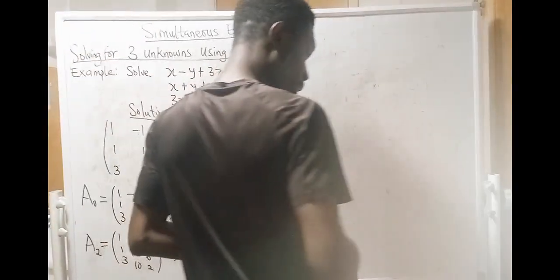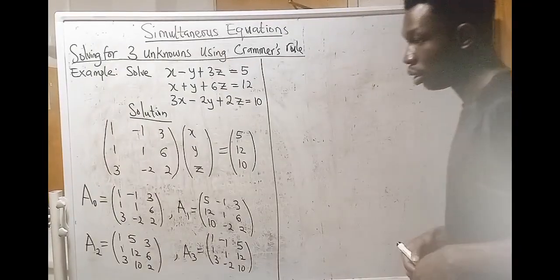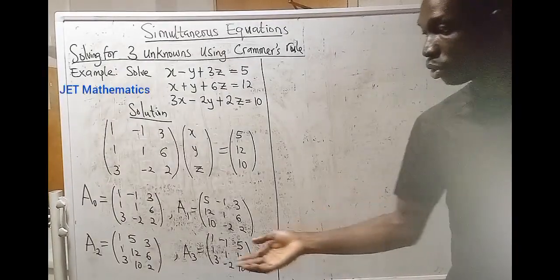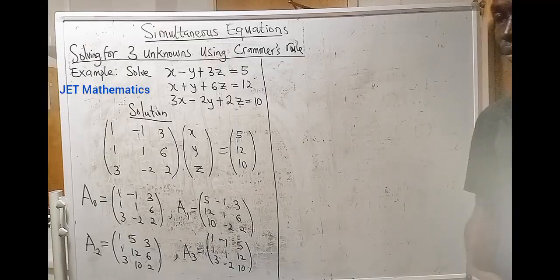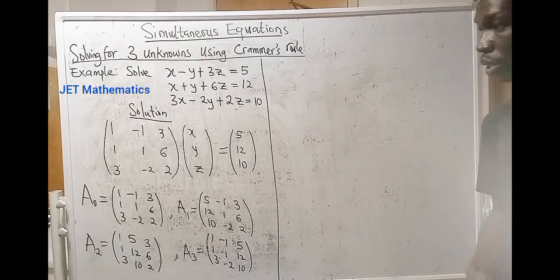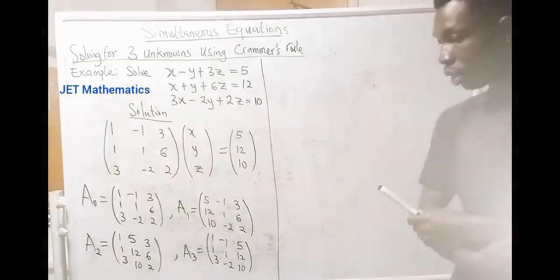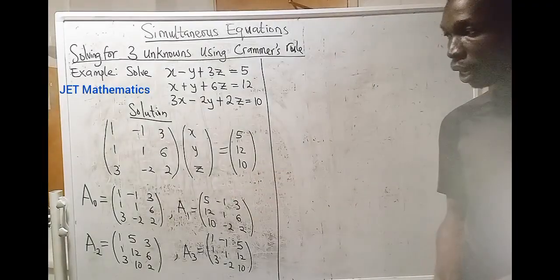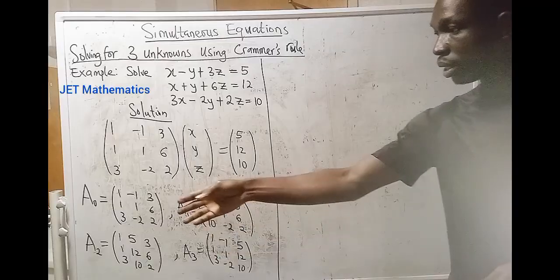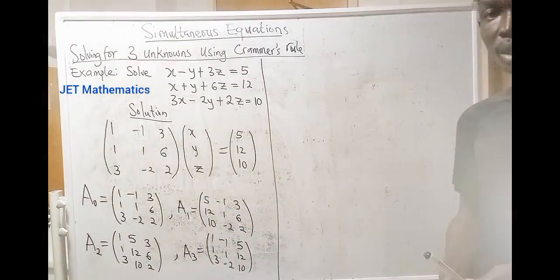In our last video we did how to get the determinants of a 3 by 3 matrix. So we'll just apply that method and get the determinants of these matrices.